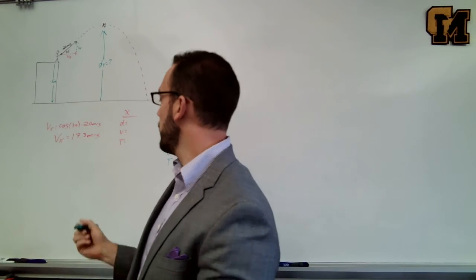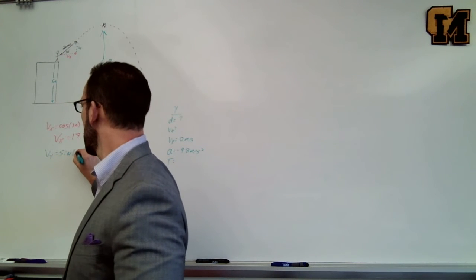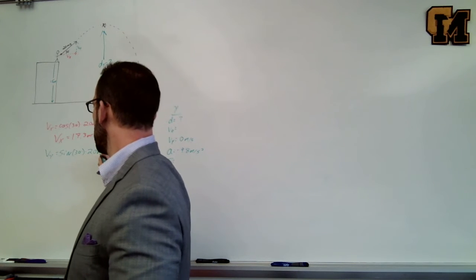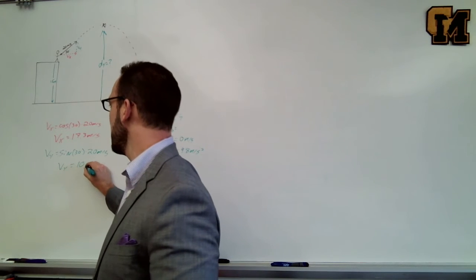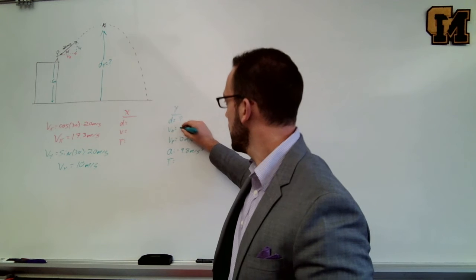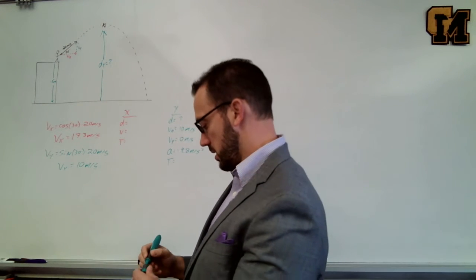Doing the same thing in the y direction, except the y is the opposite side, so velocity in the y is the sine of 30 degrees times 20 meters per second, which means the initial velocity in the y is 10 meters per second.